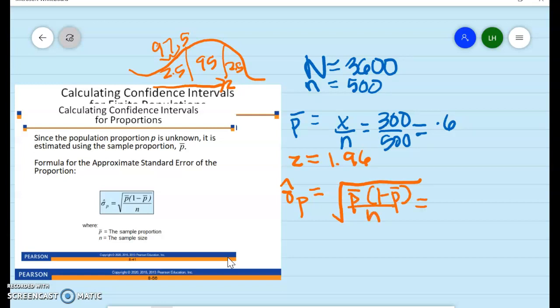So our proportion is 0.60 times 1 minus 0.60 divided by n, which is 500. So you will get 0.0219 for the standard error of the proportion.